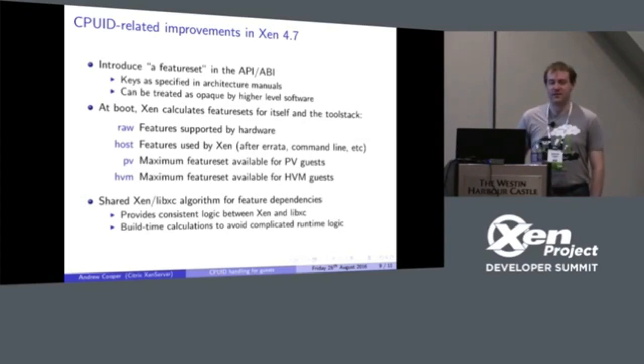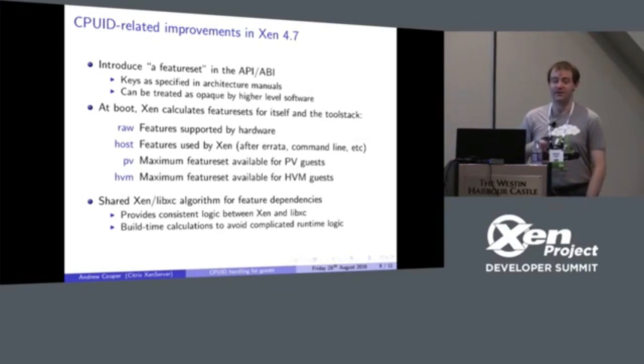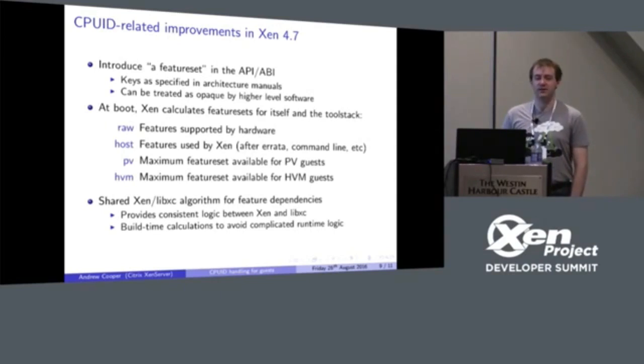So that has been fixed now, so any feature that Xen doesn't know about automatically gets stripped out of the mask. So from that point of view, you are only permitting things we do know about, and the advantage there is it means someone has to go and actively patch Xen to add support for a new feature, which means they need to actually at least think about the implications of doing so.